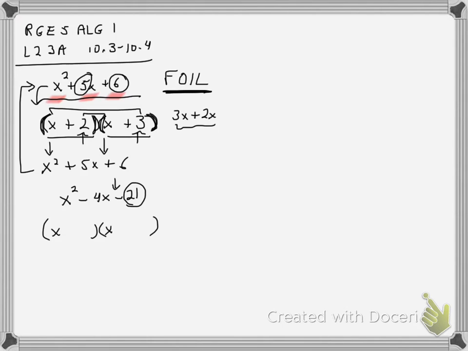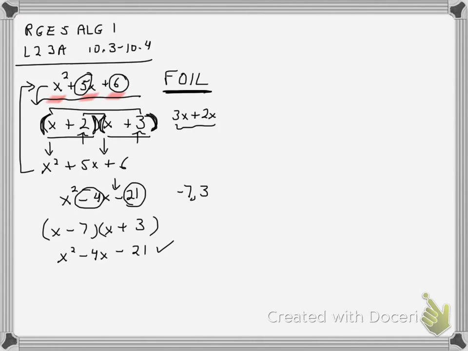They're going to have opposite signs, so that when I multiply them, I'll get a negative, and the sum will be negative 4. So my answer will be, if I have a negative 7 and a positive 3. To check back, I would say first terms, x squared, outer terms, 3x, inner terms, minus 7x, that would be minus 4x, last terms, negative 21. So that checks. All right.